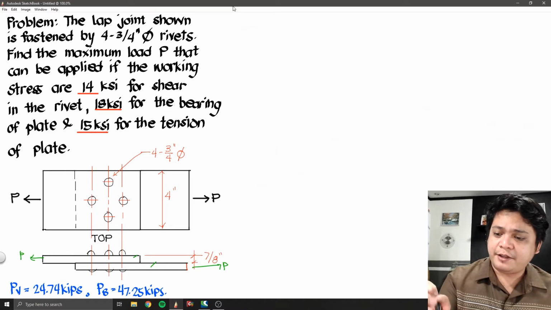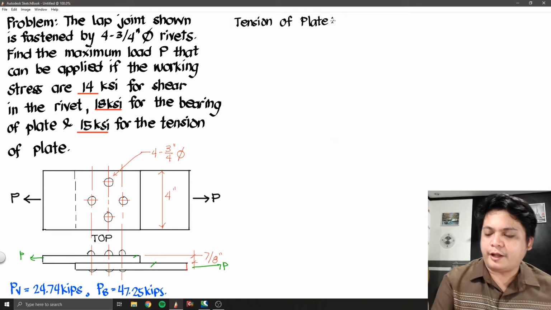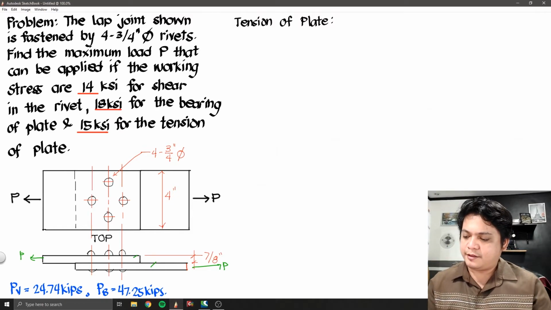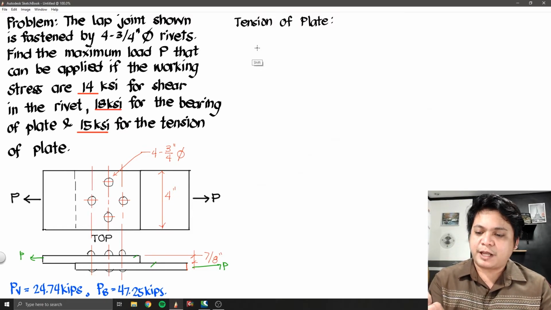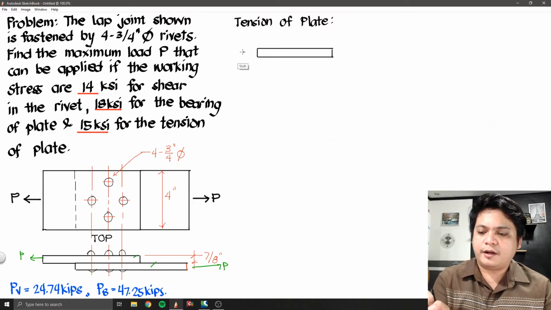So, we will be having here for the tension. Yung tension of plate natin, okay, top na lang din kasi parehas lang naman silang dalawa. Okay.